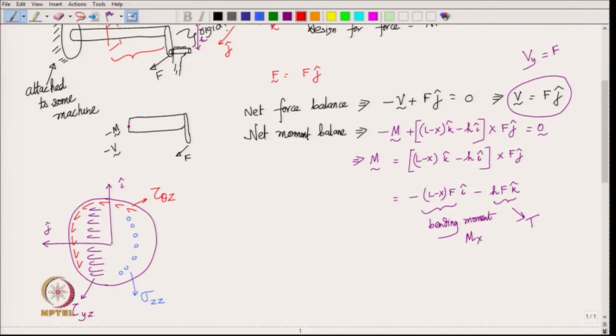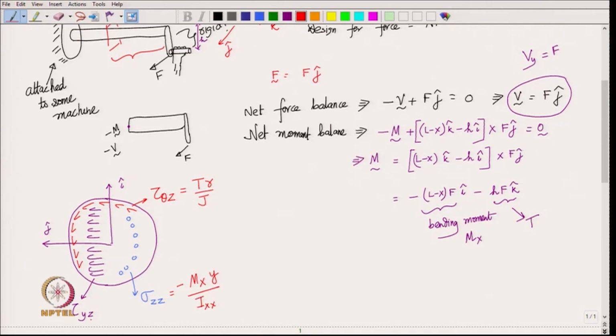and then what will be the values of each of these. So, tau theta z, for example, is simply the torque T multiplied by the radius r divided by the polar moment of area, that is J. And what is sigma z z? That is nothing but the bending moment M, which in this case is M x, and it comes with a minus sign, into y divided by I x x, correct.